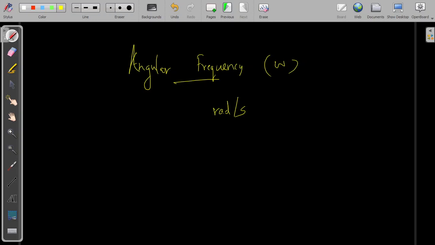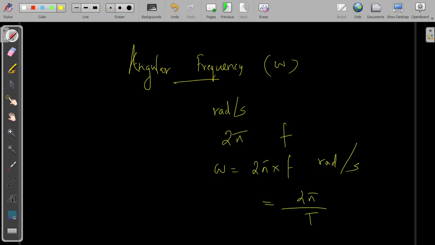Since one cycle covers 2 pi radians, and there are f cycles in 1 second, the angular frequency is omega equal to 2 pi f radians per second, and that is equal to 2 pi by T, again in radians per second.